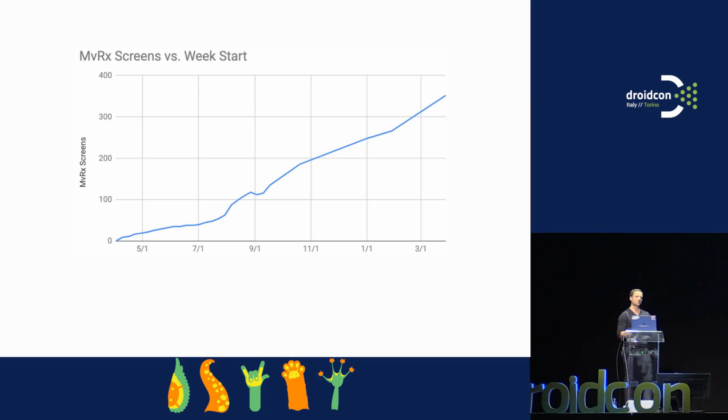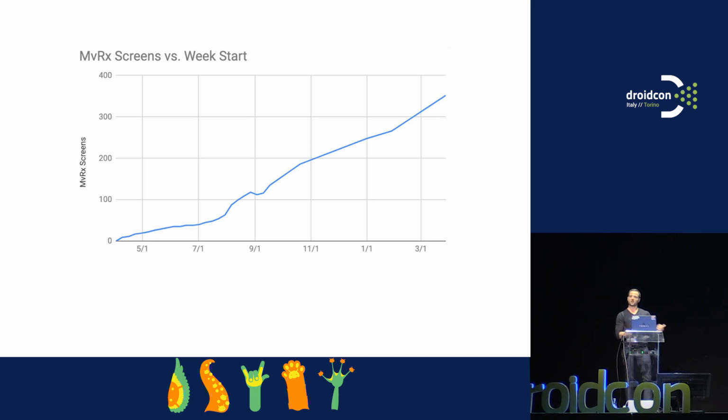That means that since we launched MvRx, a new MvRx screen is added to the codebase every single day. In addition, it's grown in popularity, and many other companies have adopted it, including Tonal. And actually, as of this week, we've released a Caster.io course to help onboard new teams and released MvRx 1.0, the first proper 1.0 release of MvRx.